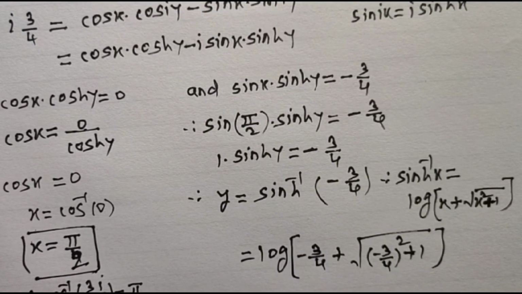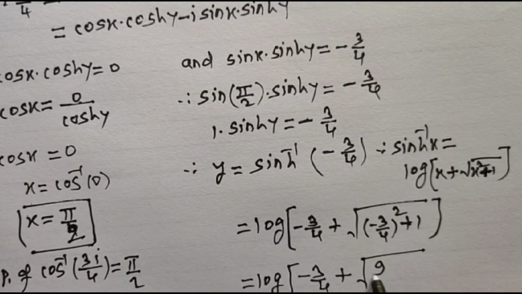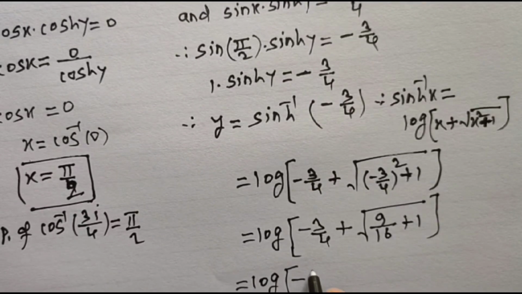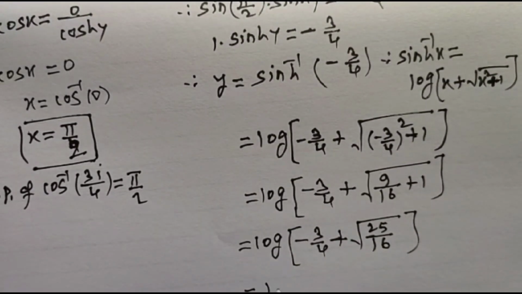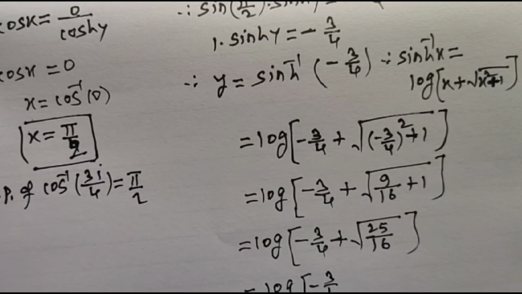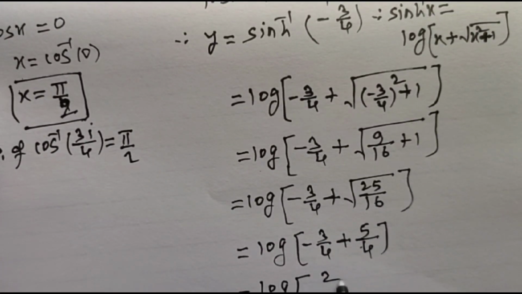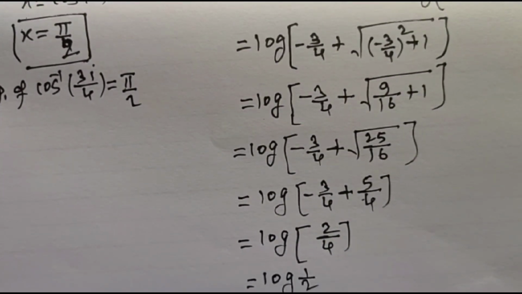So this is equal to logarithm of bracket minus 3 upon 4 plus square root of 9 upon 16 plus 1. This is equal to logarithm of minus 3 upon 4 plus square root of 25 upon 16. And this is equal to logarithm of minus 3 upon 4 plus 5 upon 4, which is equal to logarithm of minus 3 plus 5, 2 upon 4, and which is equal to logarithm of half, logarithm of 1 upon 2.